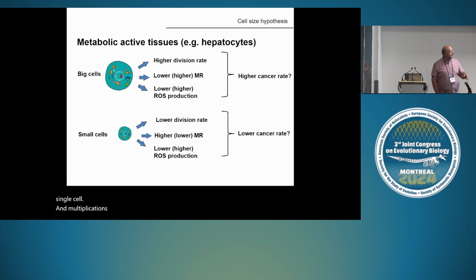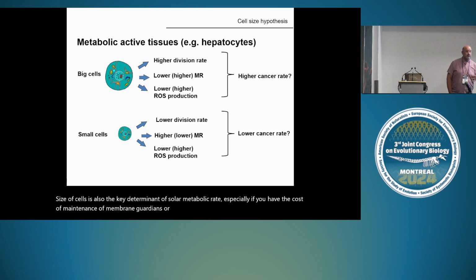Moreover, the size of cells is also a key determinant of cellular metabolic rate, especially via the cost of maintaining membrane gradients, or mitochondria activity or mitochondria number. And in that case, bigger cells should have a much lower metabolism.